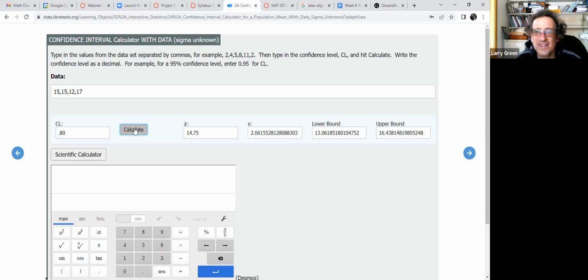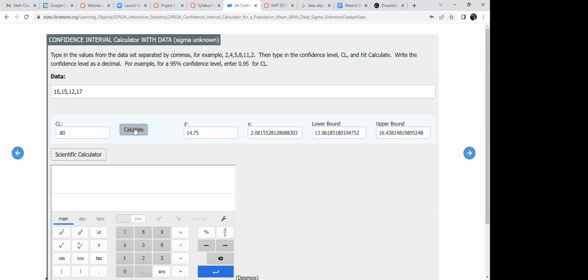Any thoughts? Not mathematically, there's nothing wrong, by the way. But why is it not always a good thing to do? Even though I got my lower and upper bound with a smaller margin of error. Anyone see it? It's more of a lesser confidence.